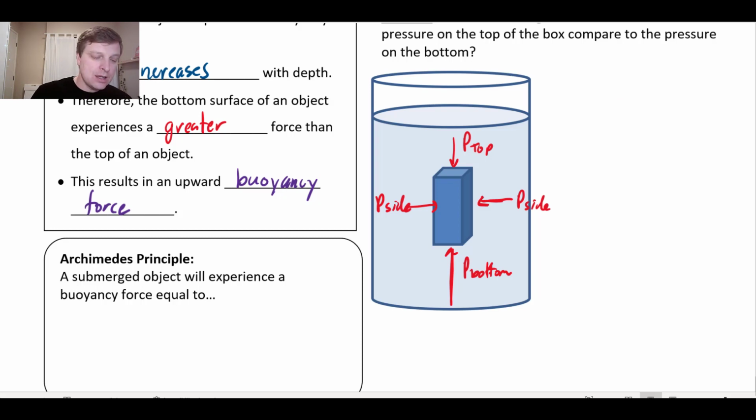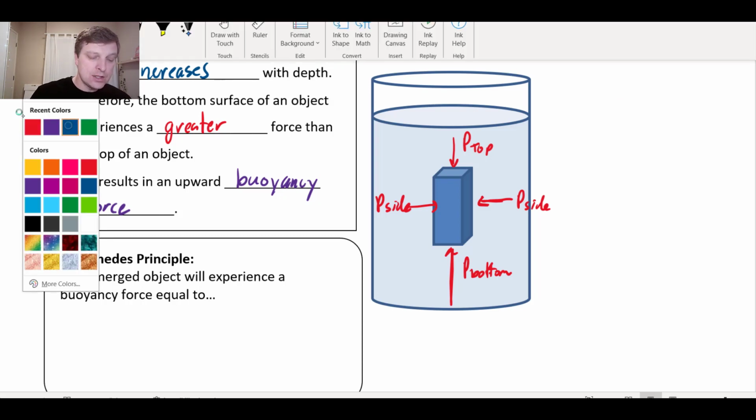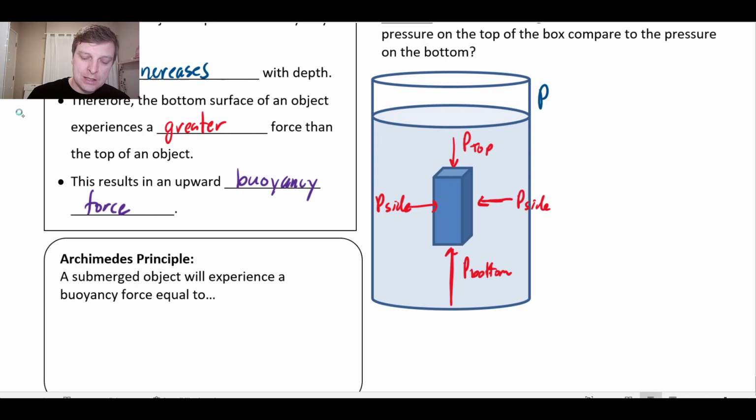If I wanted to calculate, for example, the pressure on the top here, I could find that P top is equal to rho g h, and maybe I'll call this h1, where h1 is how far below the surface you are. We learned that formula last day.